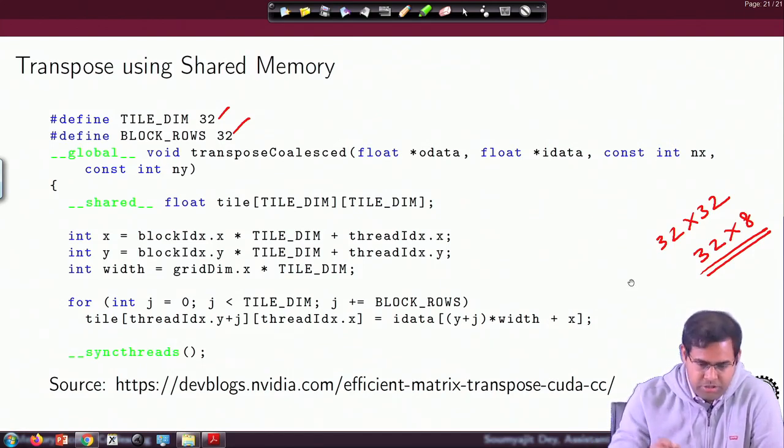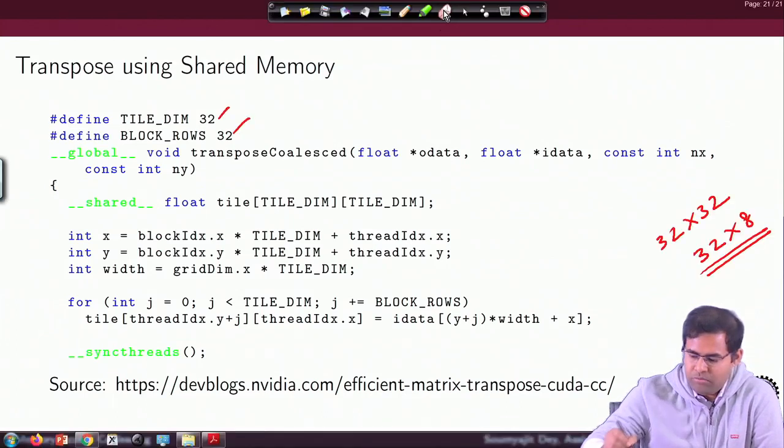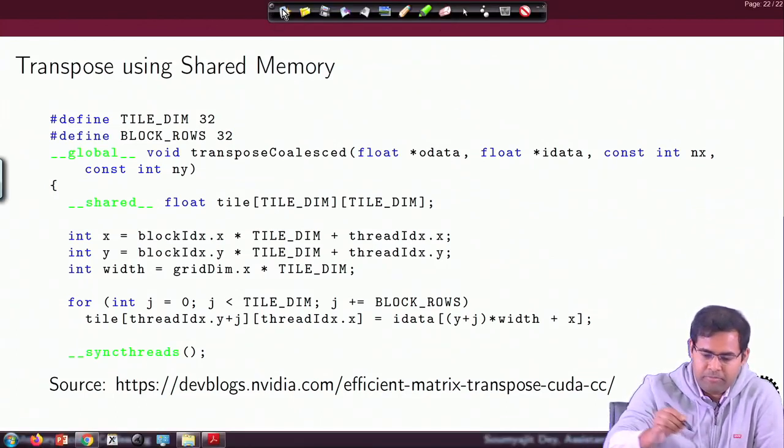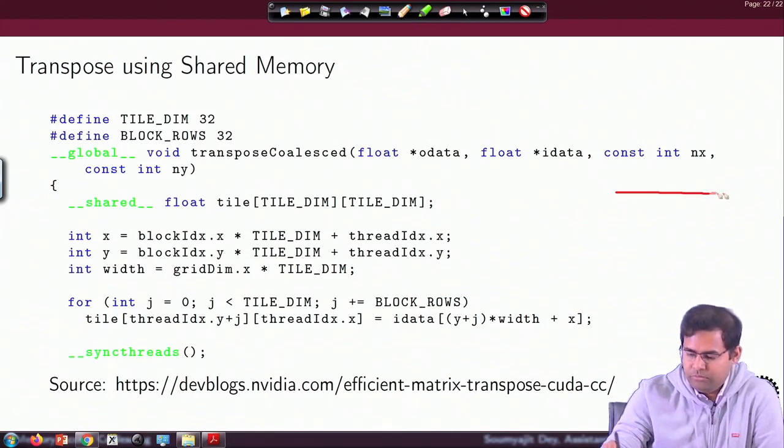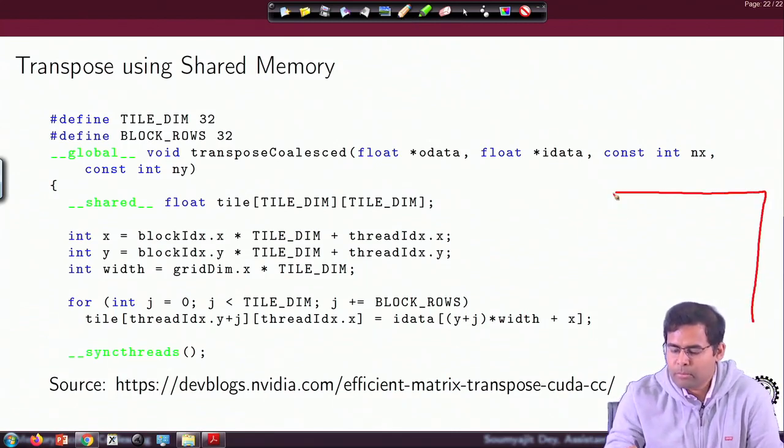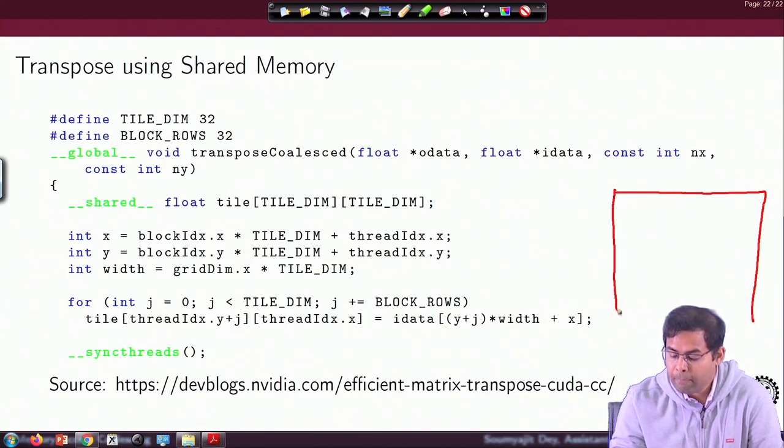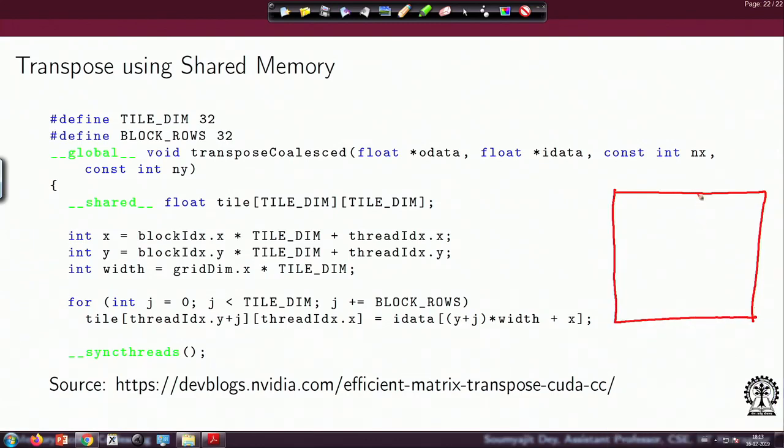If we try to give a pictorial representation here, we will divide the entire memory space in terms of tiles.